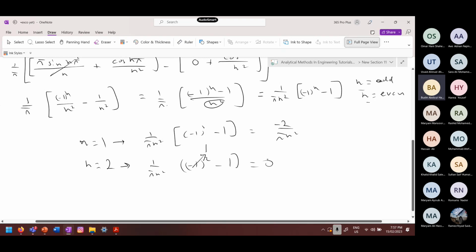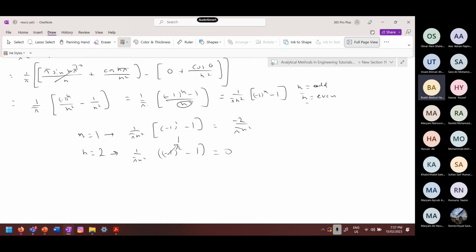So when n is even, it will be equal to 0. When n is odd, it's -2 over pi n squared. Write this aside: an is equal to -2 over pi n squared, n odd.